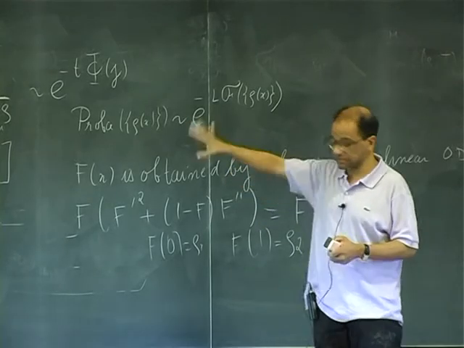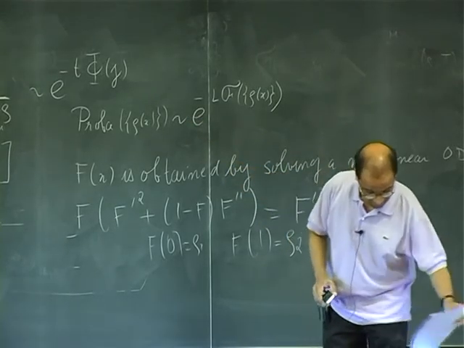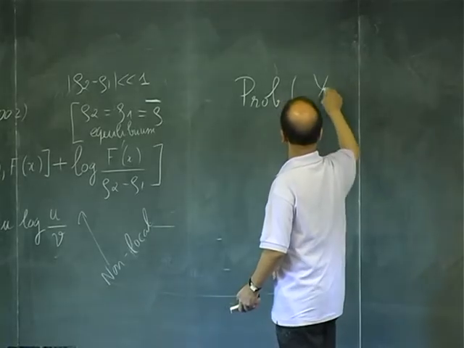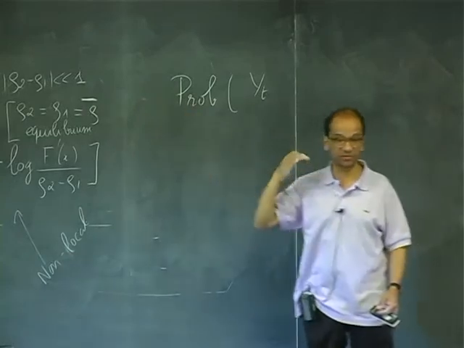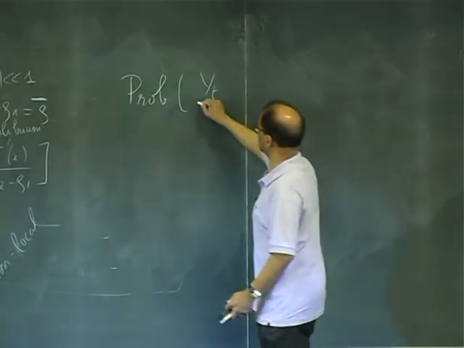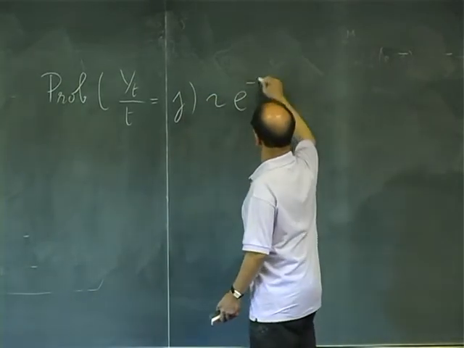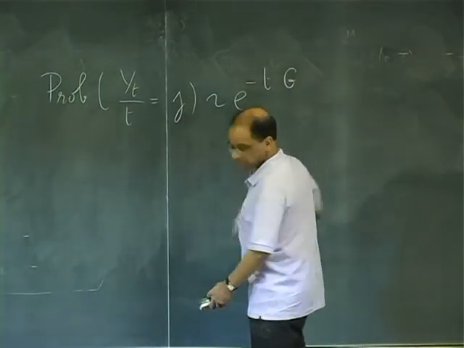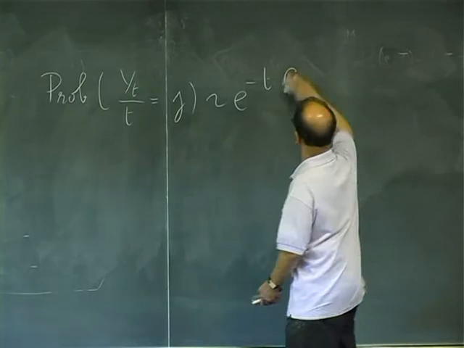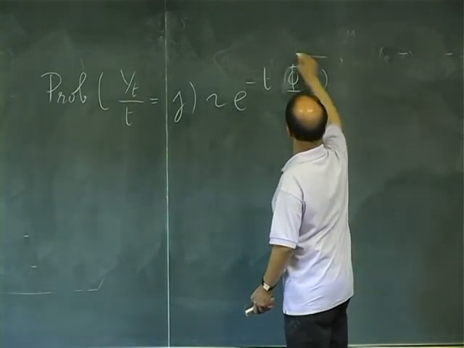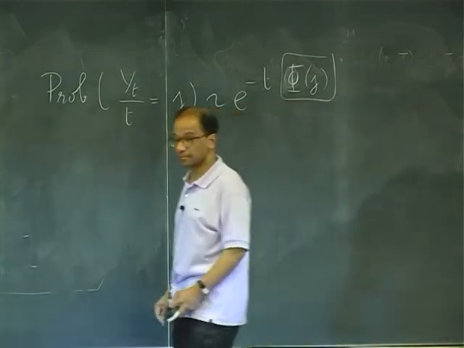Okay? We need only stationary probabilities. So this is what I want to do. Number of particles that have flown from left to right during time t, I want to know that. I want to compute this large deviation function.